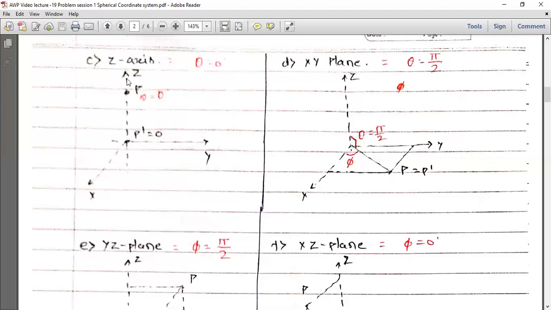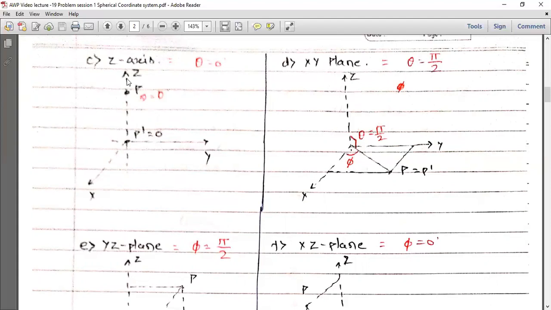So P dash is the same as the origin, and that's why OP dash is not a line now. For any point lying on the z-axis, we will not get OP dash as a line. Rather, O and P dash both coincide, and that's why OP dash is just a point.